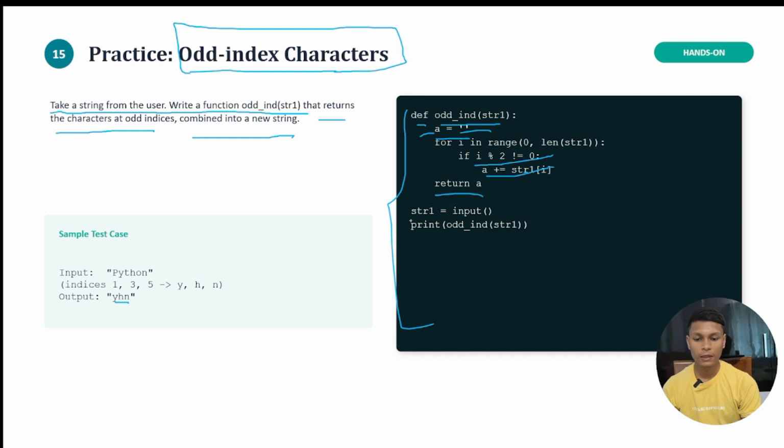After that, we are going with str1 equal to input, because input was required for giving the value to the function. So that's why input was there from the user. After that, we are going with the print: print odd index of str1, which simply calls our function with the parameter, or we can say with the argument.